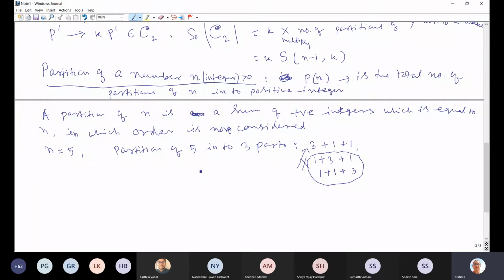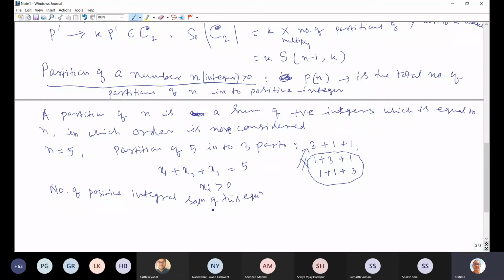Well, just recall when we were solving the equation x1 plus x2 plus x3 is equal to 5, the number of integral solutions of this equation with xi greater than 0, the number of positive integral solutions.